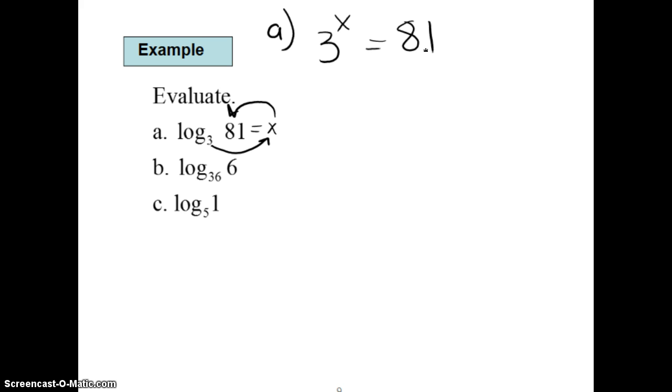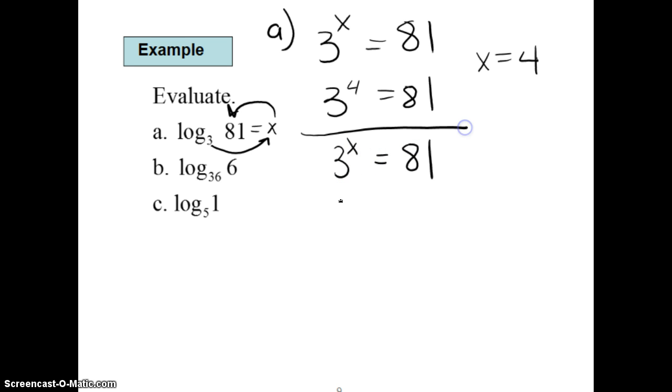Well, 3 times 3 is 9, times 3 is 27, times 3 is 81. So I know that 3 to the 4th equals 81. So x equals 4. Another way to evaluate it is to have 3 to the x equals 81, knowing that 81 is actually 3 to the 4th. If my bases are the same, that means that x must equal 4.